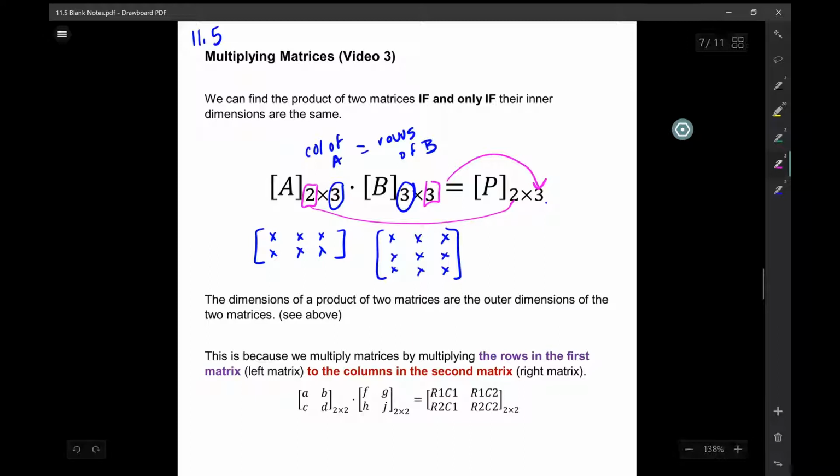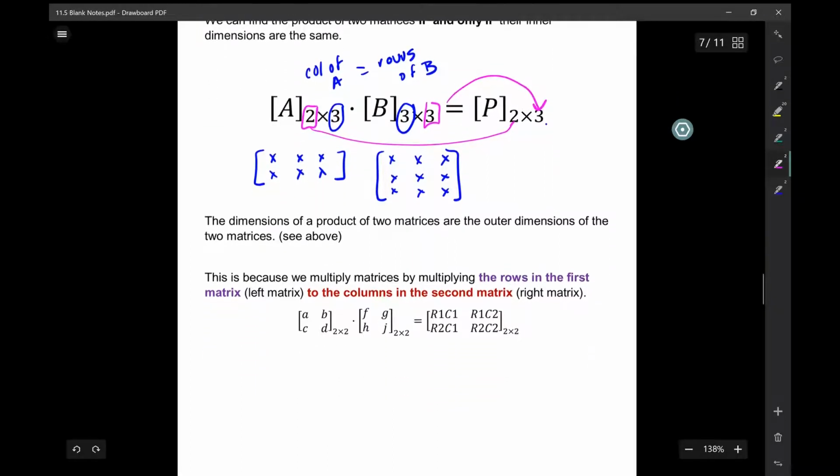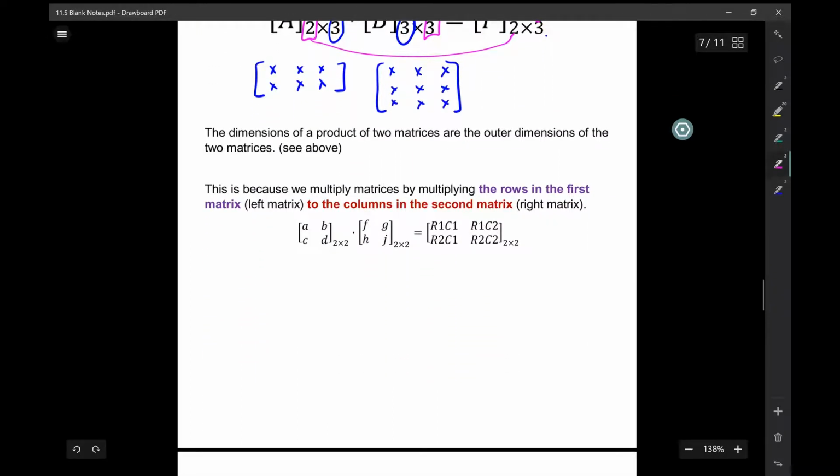All right, now that we have that established, let's see if we can figure out how to multiply these matrices. The way we're going to do this is we're going to multiply each row of the first matrix by each column of the second matrix. So the first entry in this matrix is the first row multiplied by the first column.